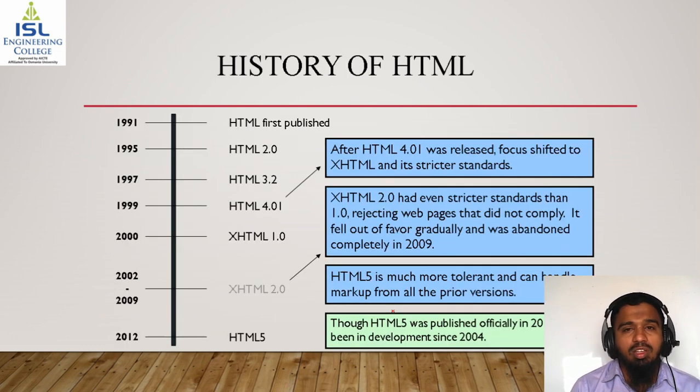Next, this is the history of HTML. When did it start? It started in 1991. Then the version changed to 2.0 in 1995, HTML 3.2 started in 1997, and HTML 4.01 started in 1999, and XHTML.